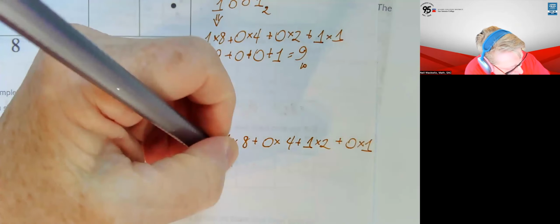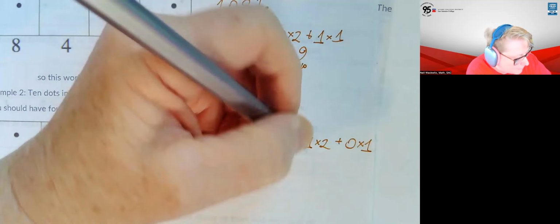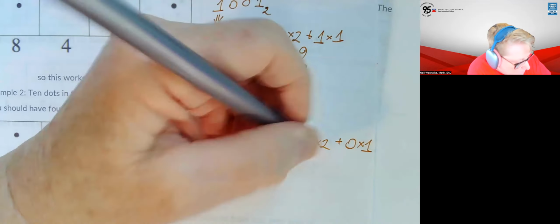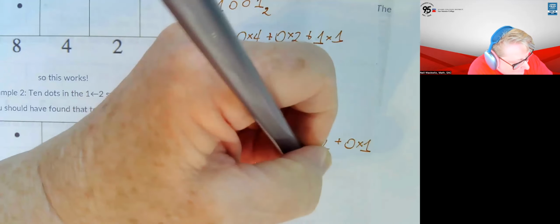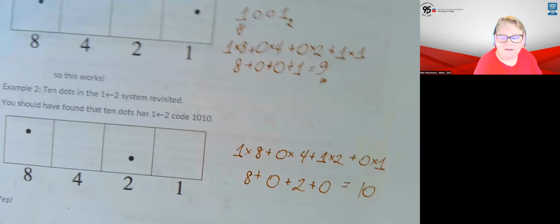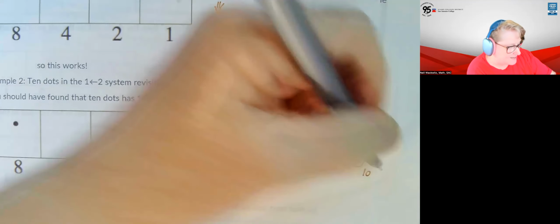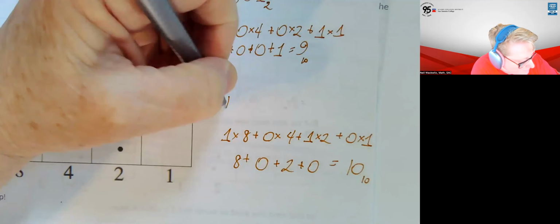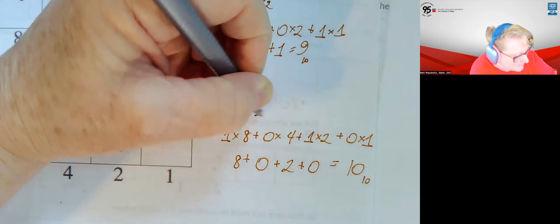And that's just 8 plus 0 plus, oh, my bad, plus 2 plus 0 is 10. So 10 base 10 is the same as 1010 base 2.